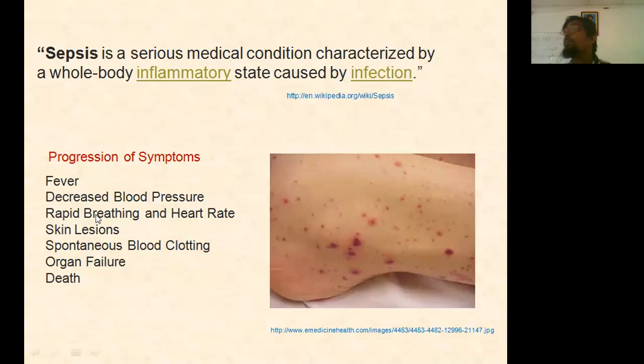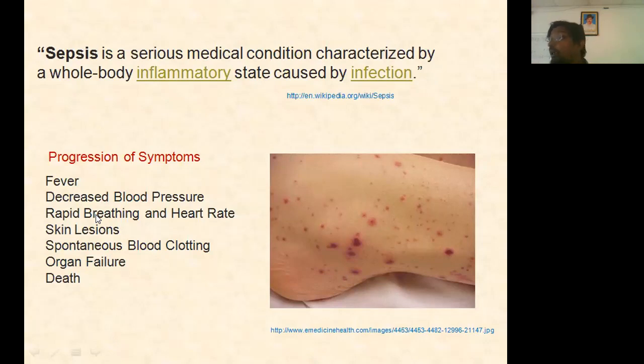So sepsis, septic, we commonly say, right? If you have any infection, any wound, we always say take the tetanus toxoid TT injection. If not, you will have sepsis, right? So what is sepsis? You can see clearly. Sepsis means those symptoms, which can lead to death, starting from fever, then decreased blood pressure, then rapidly increased heart rate and breathing, then lesions on the skin, then spontaneous blood clotting, organ failure, which leads to death.